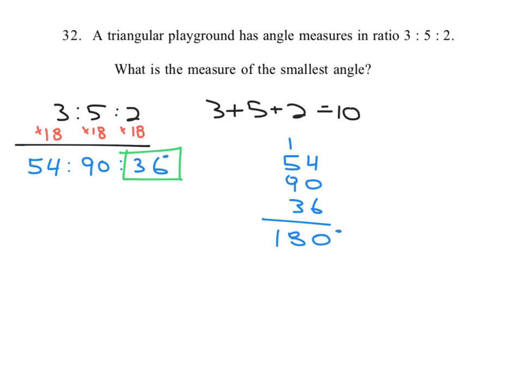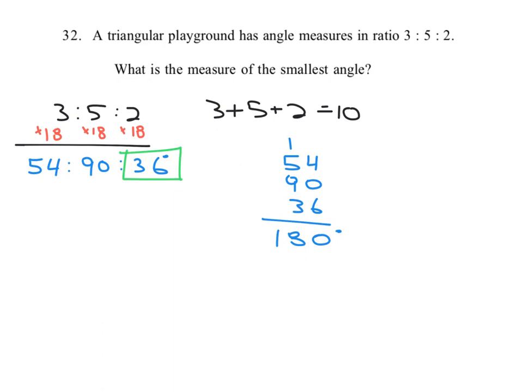Okay, that's your answer. So anytime you've got a ratio like this, if you know what they need to add up to, and we know they need to add up to 180, then you say 3 plus 5 plus 2 is 10.